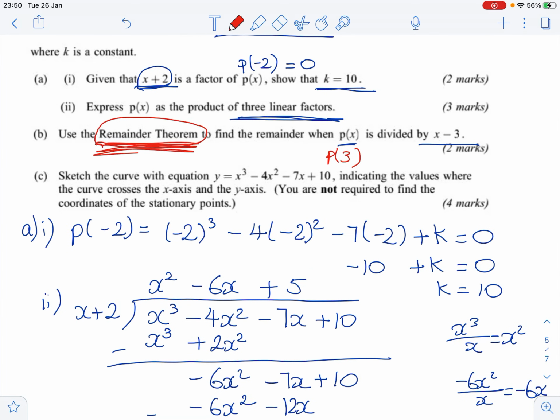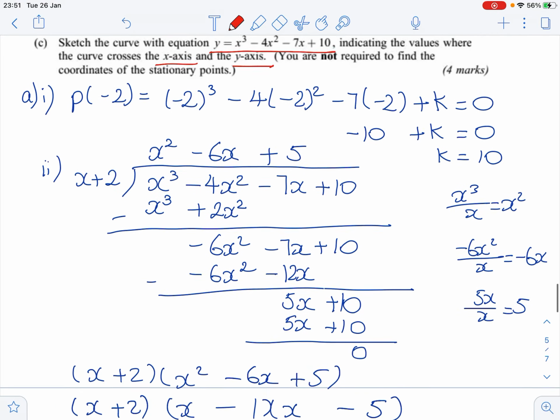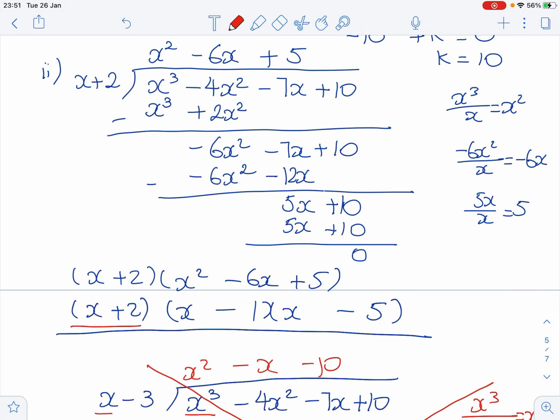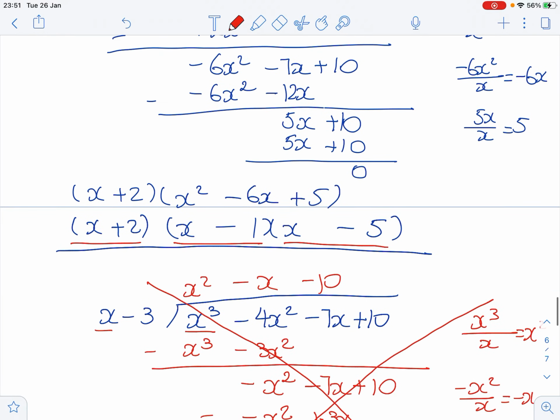Then last part, sketch the curve with the equation. Indicate the values where the curve crosses the x-axis and the y-axis. So from here we have our 3 points. So we know it crosses the x-axis at x is minus 2, x is 1 and x is 5.